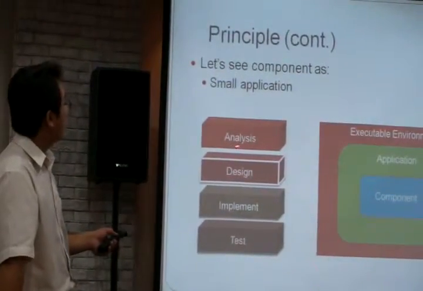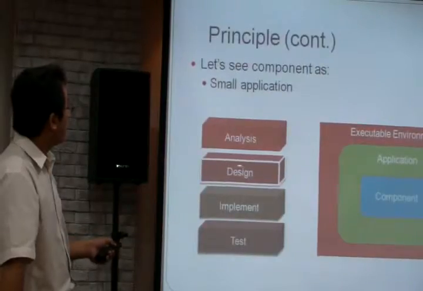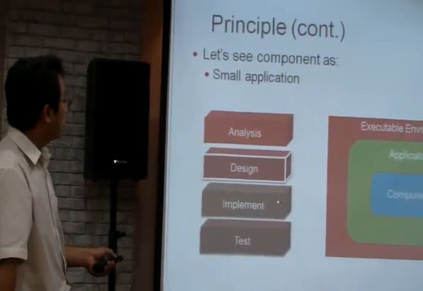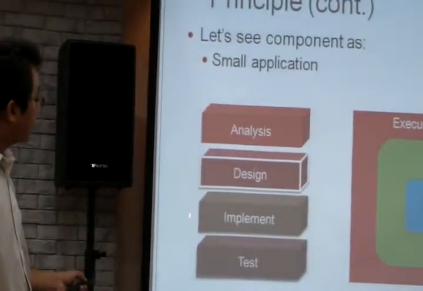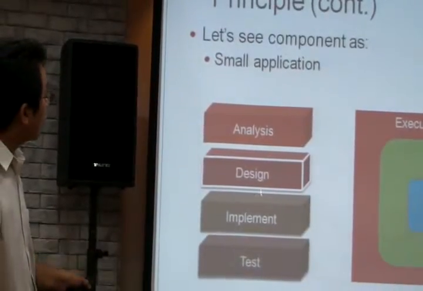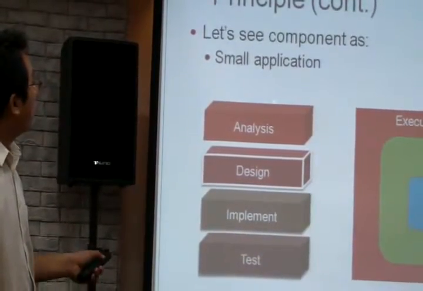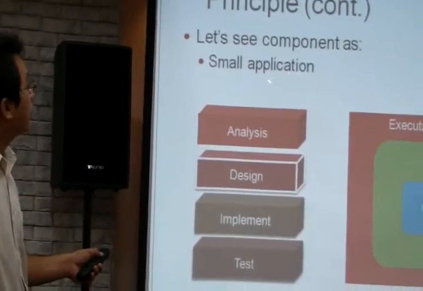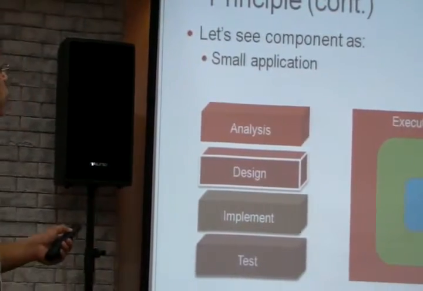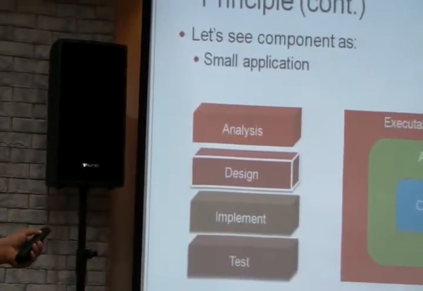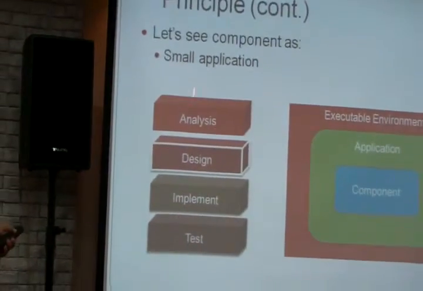First, you have to analyze it. You have to design the architecture. You have to implement, and you have to test. That is 4 steps. These 4 steps apply to a general application. Then I want you, when you develop a component, to follow these steps.